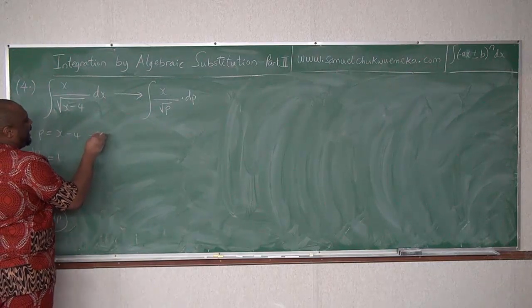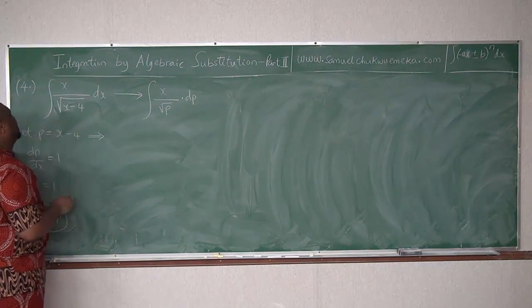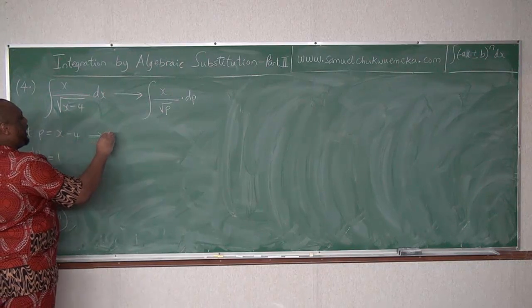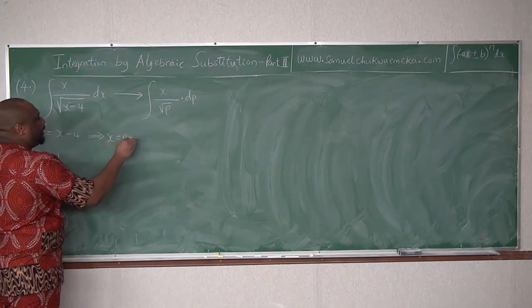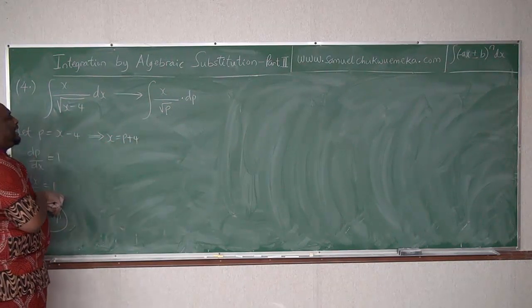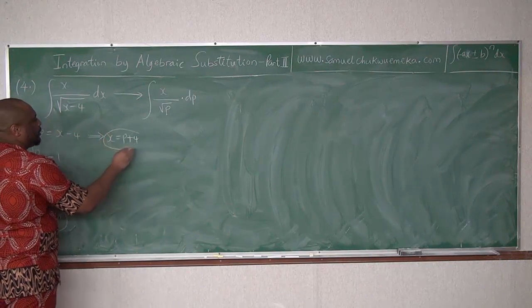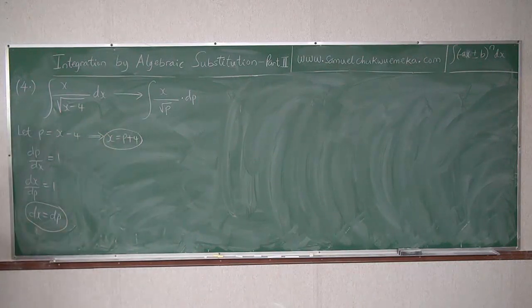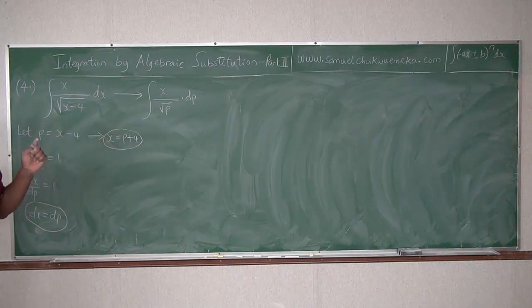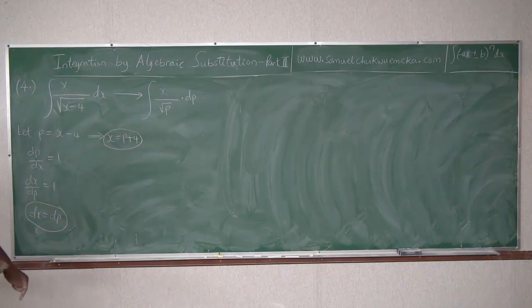This implies that x is equal to p plus 4. And that is what we're going to use. That is just a little trick there, or little extra work you need to do.